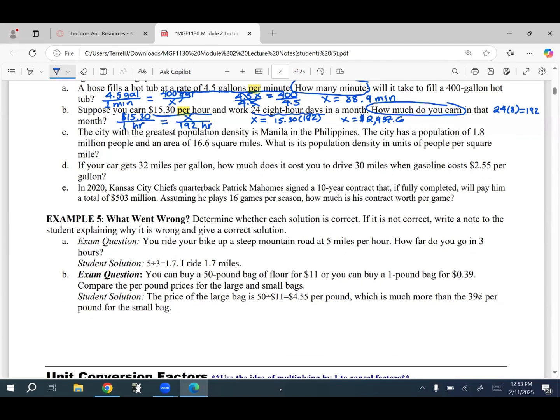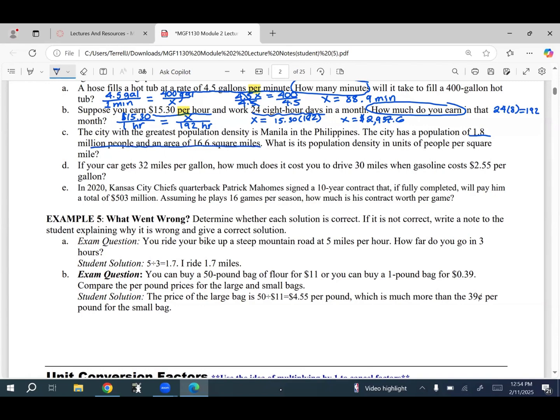Let's do one more. Let's look at C. So it says the city with the greatest population density is Manila in the Philippines. The city has a population of 1.8 million people and an area of 16.6 square miles. What is its population density in units of people per square mile? Okay, so the one thing they give me is this. The population in Manila is 1.8 million people and an area of 16.6 square miles.